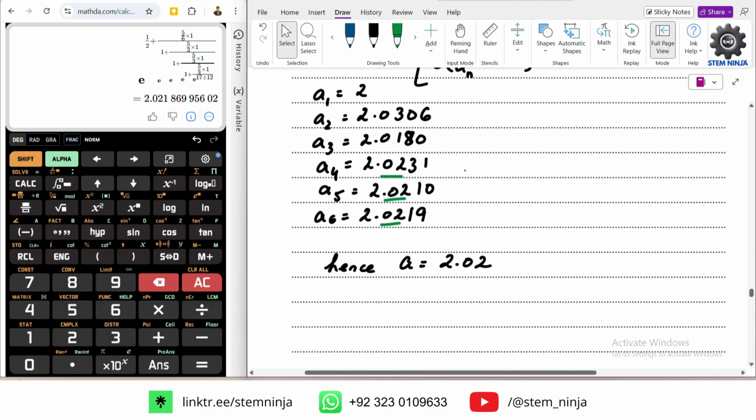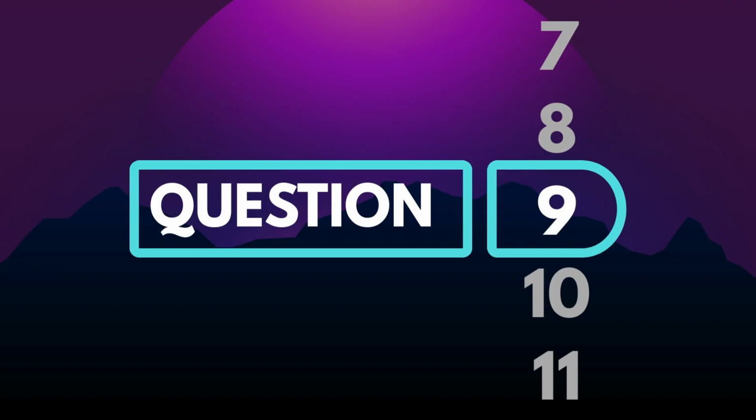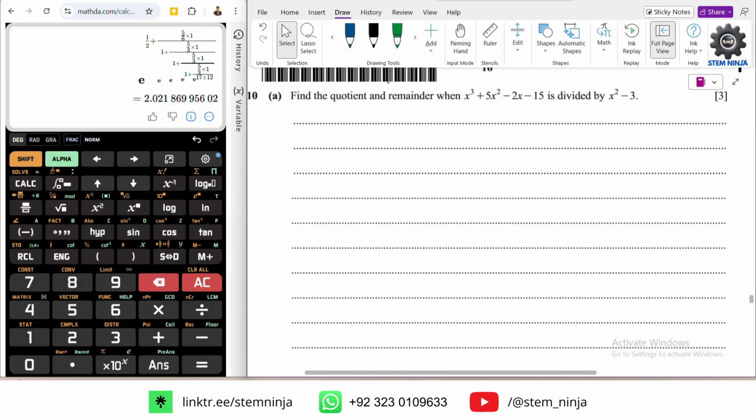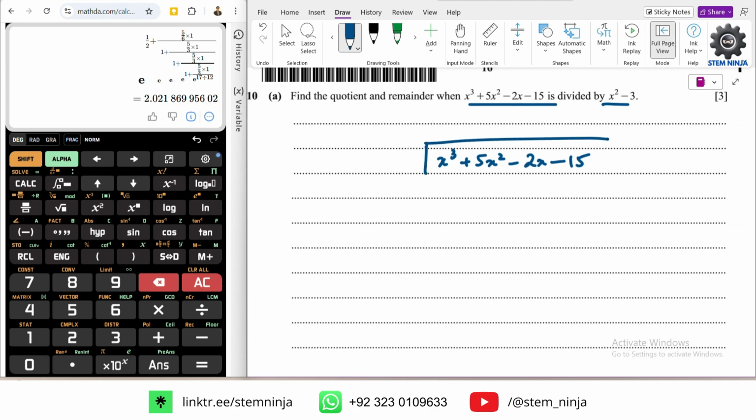Alright, so let's move on to the next question. Question number 10. Find the quotient and the remainder when x cubed plus 5x squared minus 2x minus 15 is divided by x squared minus 3.